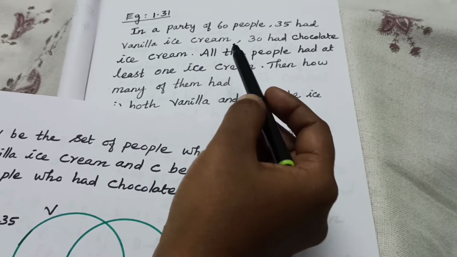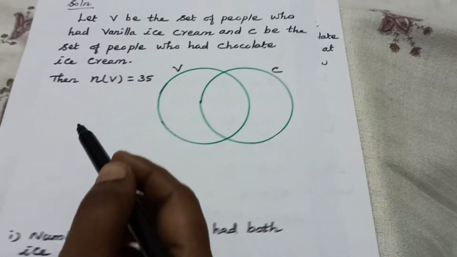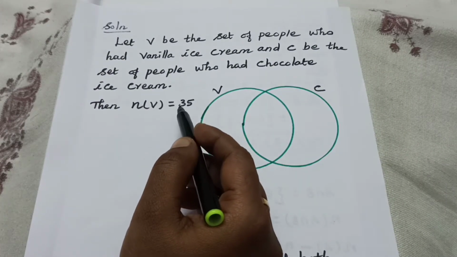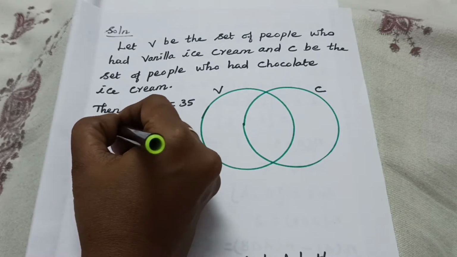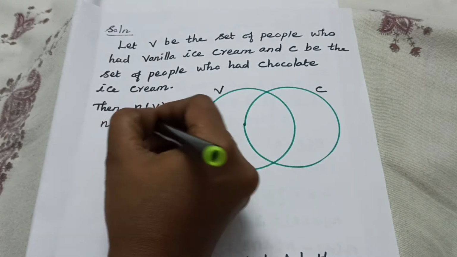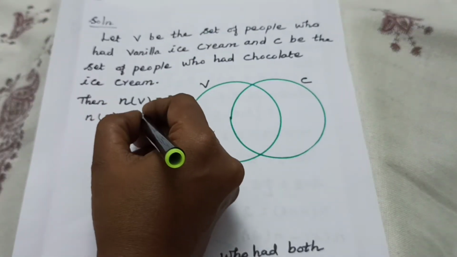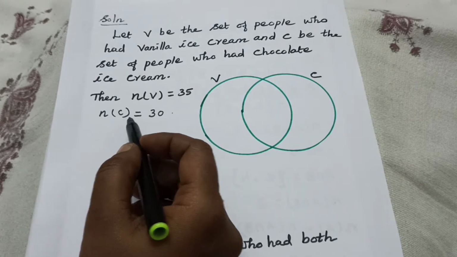Then how many of them using? 35 had vanilla ice cream. That means n of V is equal to 35. Then n of C is also given, isn't it? n of C is 30 is given, the number of people using chocolate ice cream.